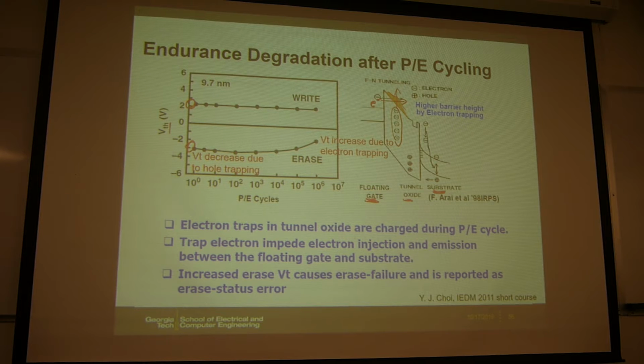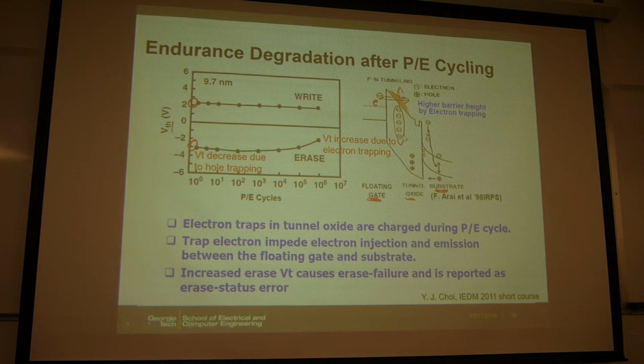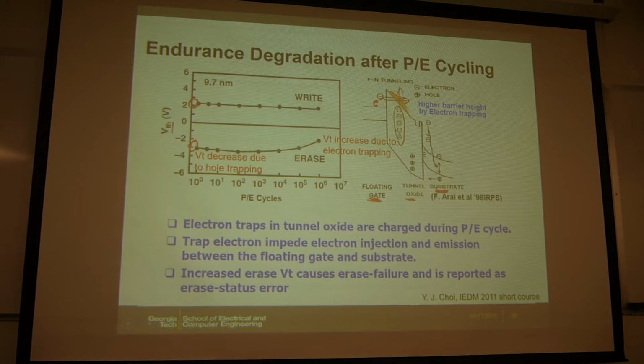That means you cannot erase all of them, because ideally you want all the electrons to tunnel out from the floating gate, but now it's more difficult. Some of them are trapped in the floating gate, and some of them are trapped in the tunnel oxide. That means you still have partially electrons in this structure. So the VTH cannot go to a very low value.